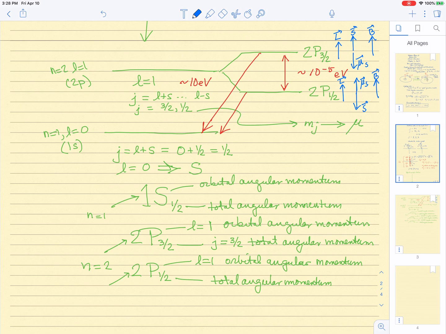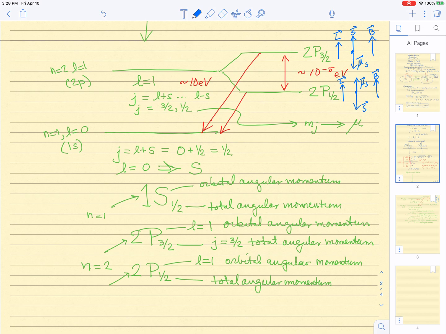So you see that the low energy state, which is not at all surprising, is when mu sub S is aligned with B. The high energy state is where mu sub S is anti-parallel to B. And in terms of angular momentum, the high energy state is where L and S are in the same direction. Low energy state is where L and S are in the anti-parallel direction. So I know that's complicated.